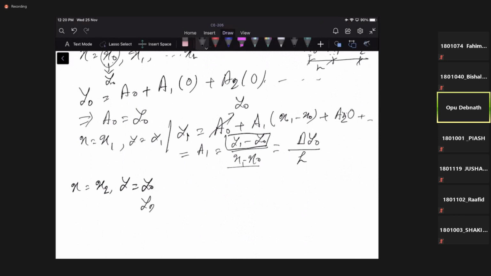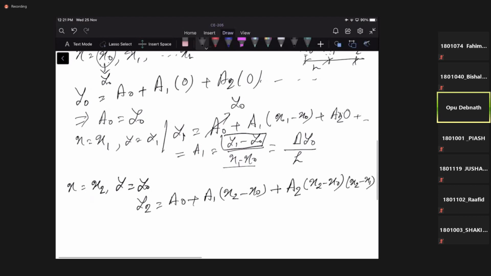It will give you y2 is equal to a0 plus a1 into x2 minus x0 plus a2 multiplied by x2 minus x0, x2 minus x1.